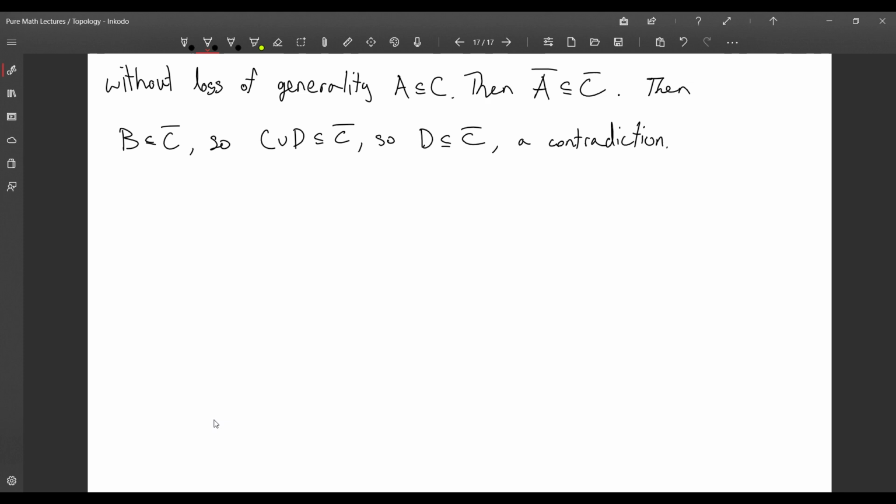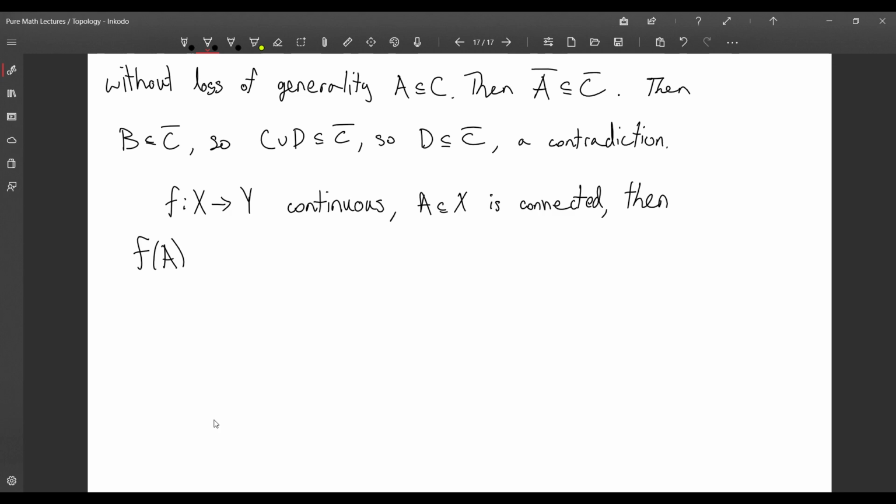The next thing is, just like with compactness, if we have a continuous function f and A is a connected subset of X, then the image of A is connected.